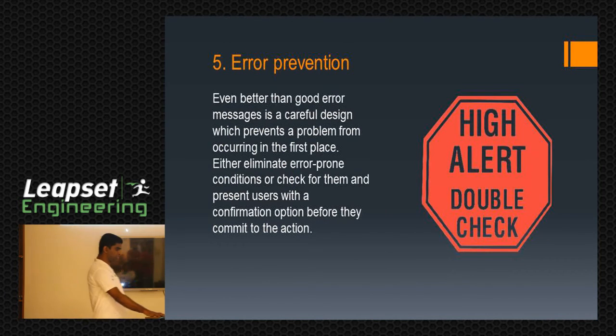Let's go to the next. The fifth principle is error prevention. You should be able to prevent errors from occurring and prevent users from making errors. I think it's very simple, and these are some examples.